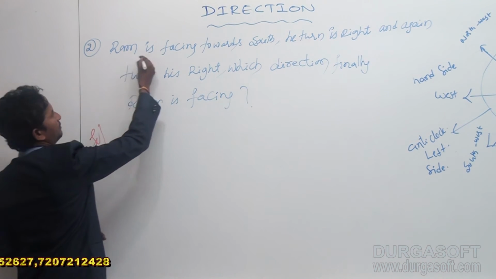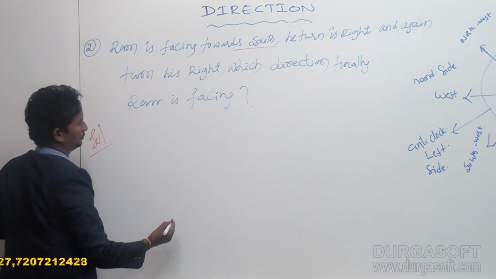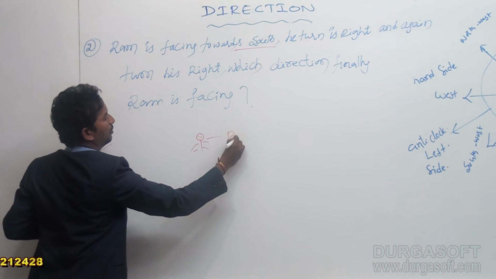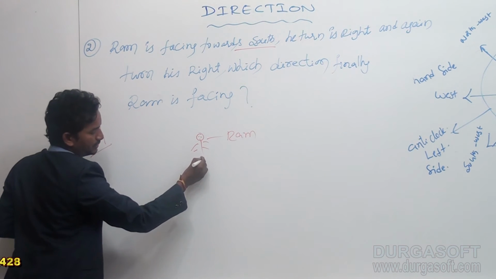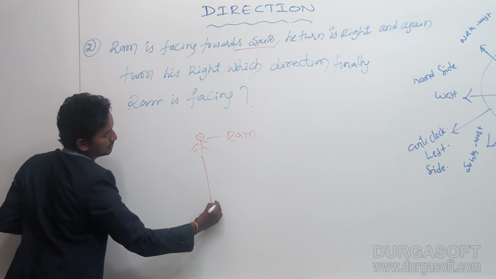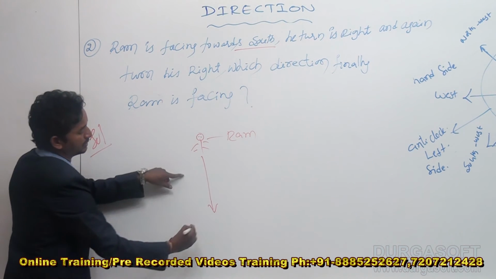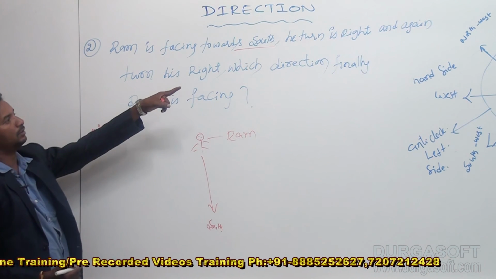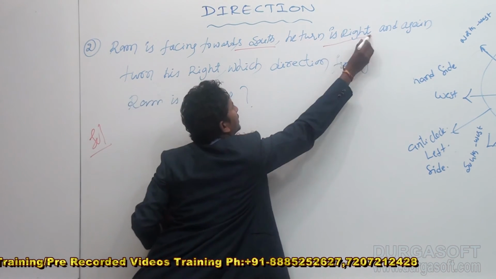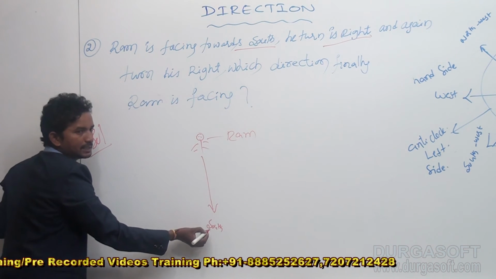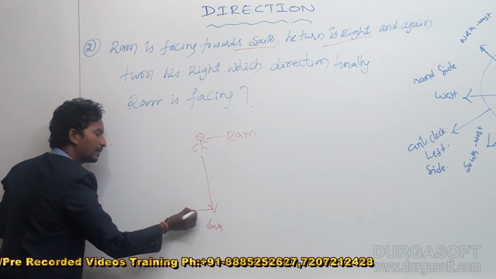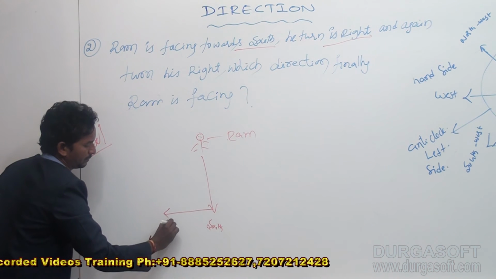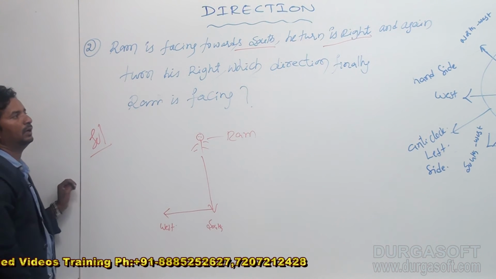Now Ramu is facing towards the south. This is Ramu. Ramu is facing towards the south. Again the turn is right. Right of south is west.